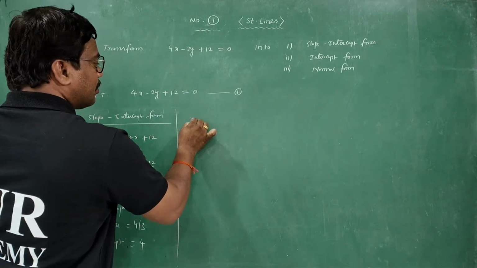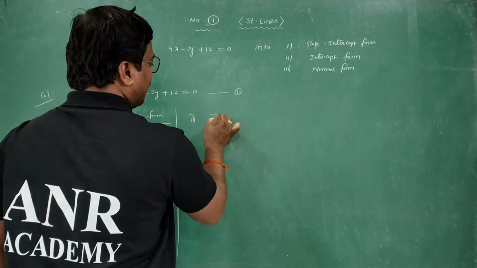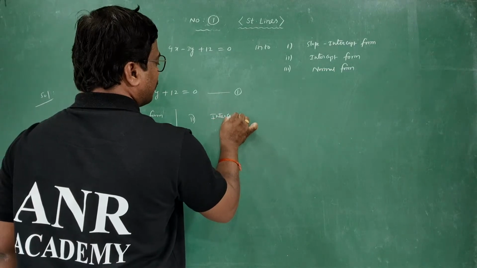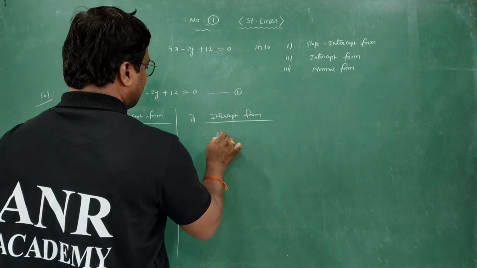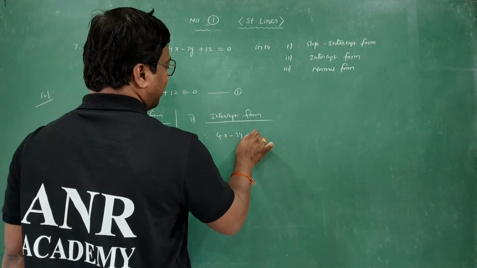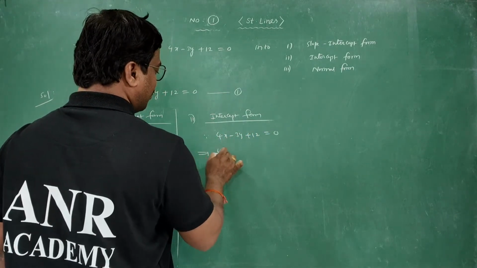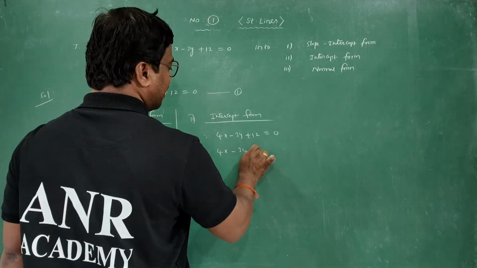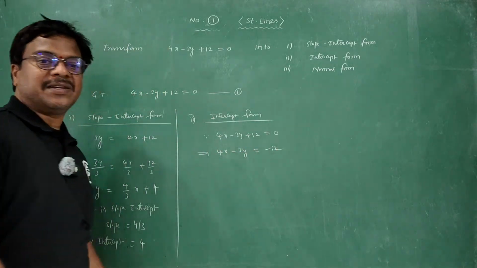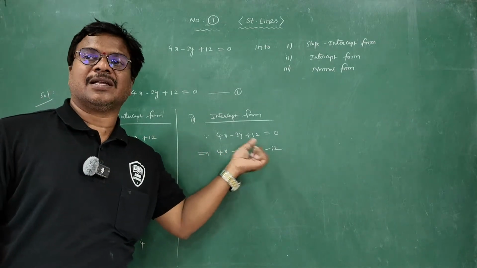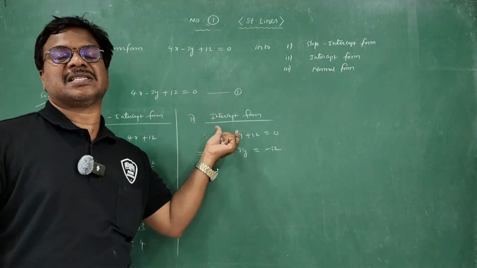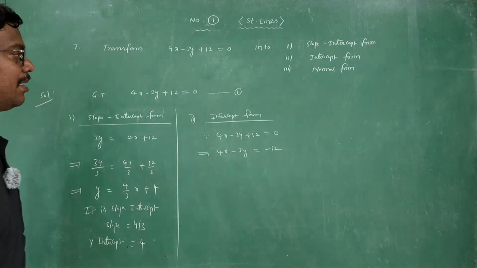Let us move to the second one, intercept form. Since 4x minus 3y plus 12 equal to 0, 4x minus 3y is minus 12. In the intercept form, the right part is 1, that is x by a plus y by b equal to 1, right?